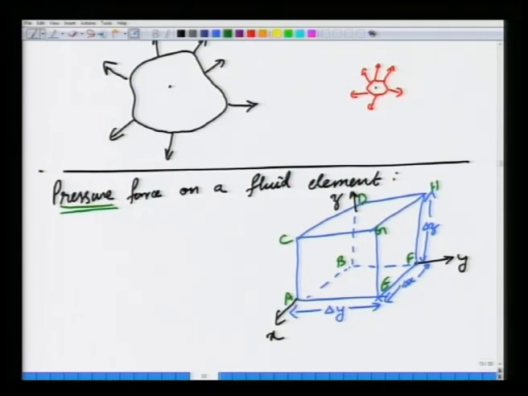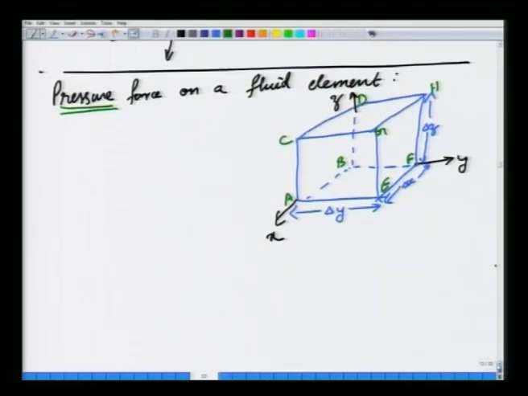To answer this, the pressure force on the phase ABCD, this phase, is nothing but P of y.